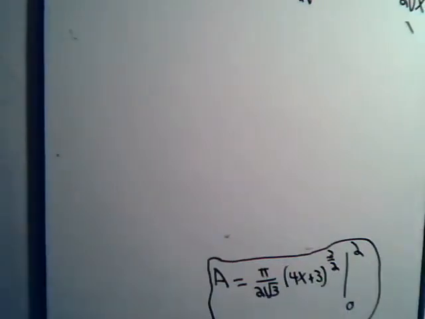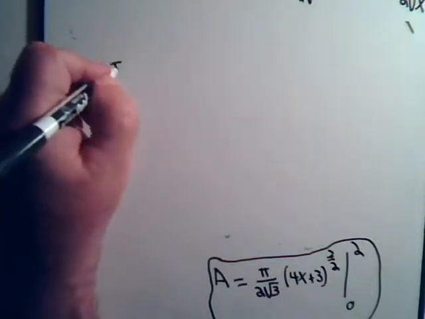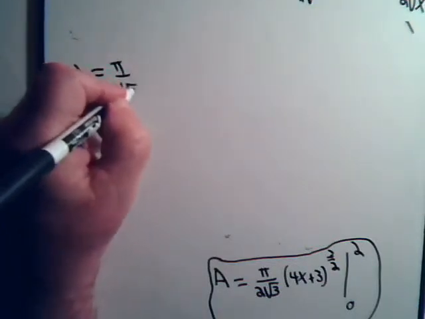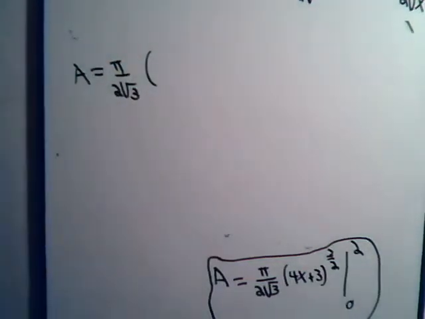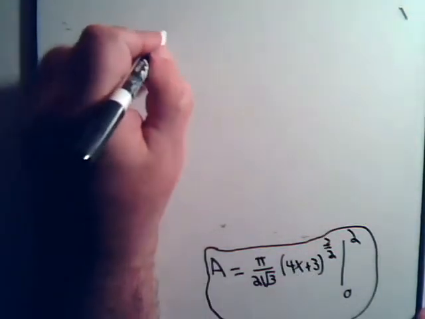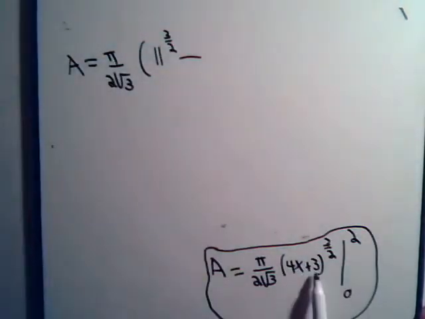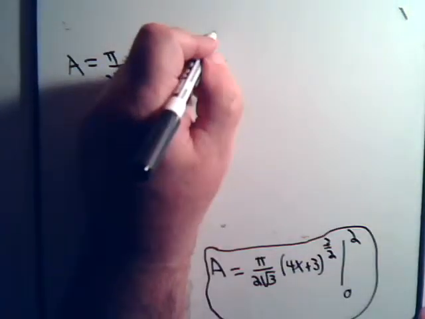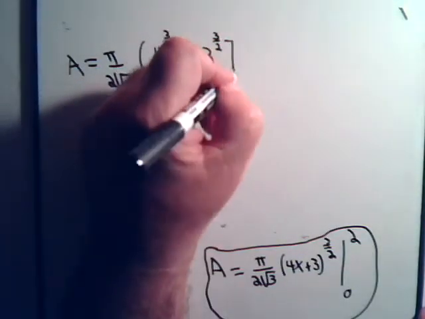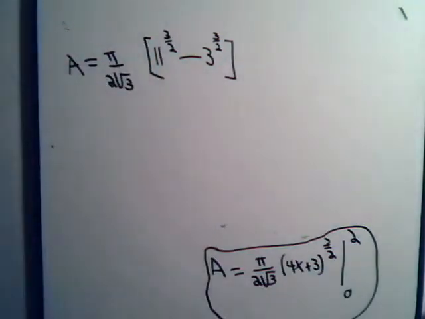So it looks like the area will equal pi over 2 square root of 3 times, x equals 2. 4 times 2 is 8 plus 3 is 11. So you have 11 to the 3 halves minus, x is 0, that's 3 to the 3 halves. And that would be our area.